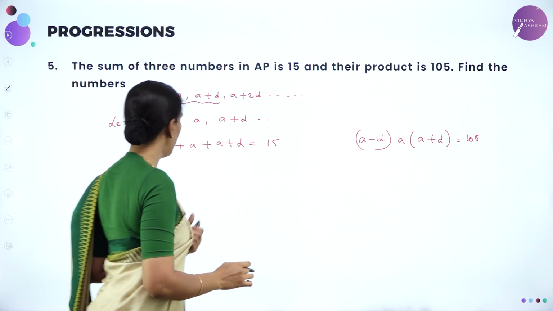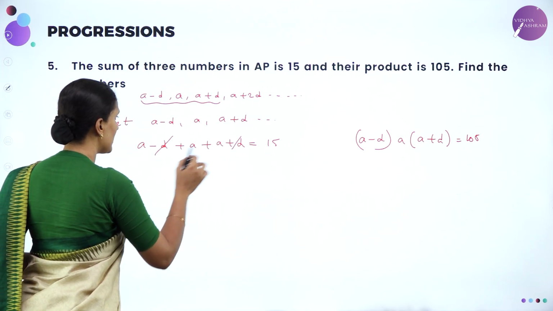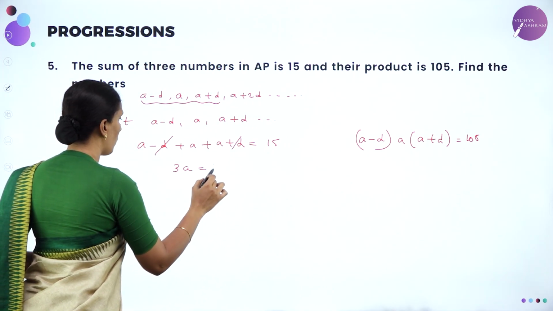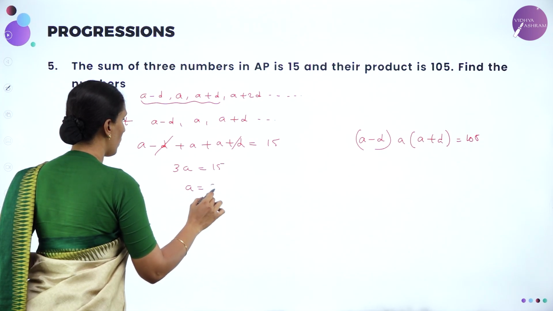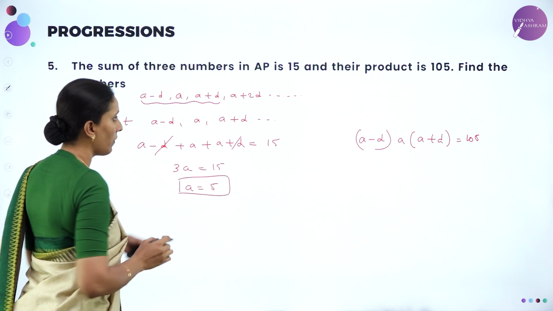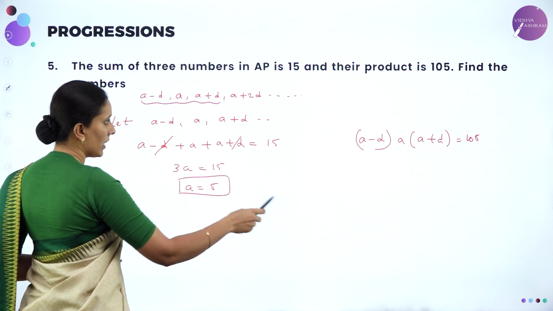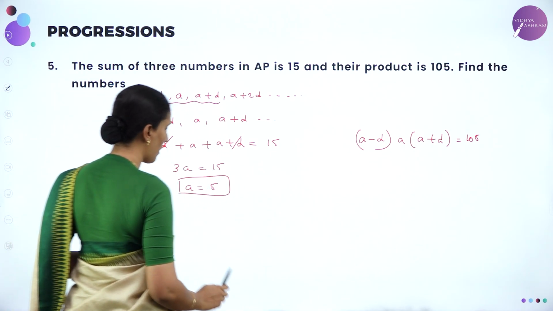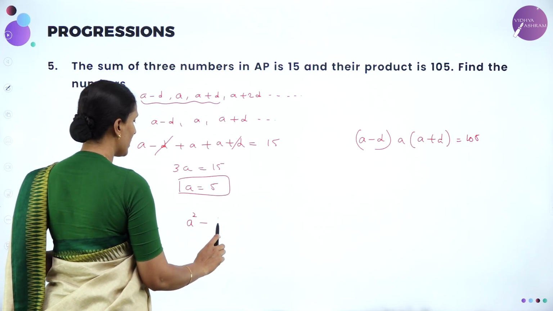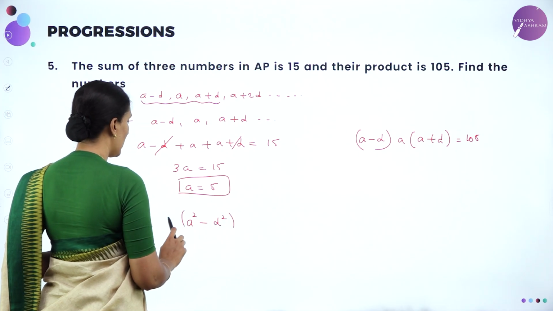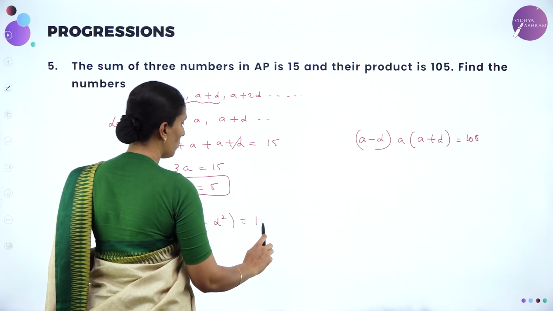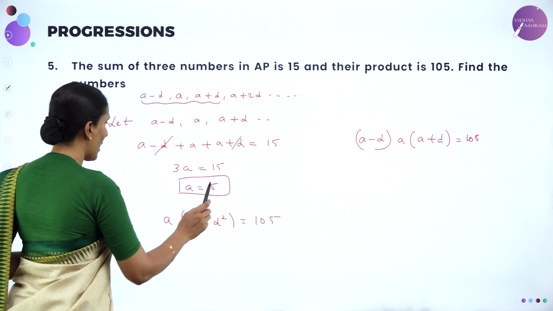So let us solve them. We can cancel minus d and plus d here. We'll get 3a is equal to 15. So a is equal to 5. Now using that equation here, (a minus d)(a plus d) can be written as a square minus d square, and here we have a, which is equal to 105. Now a value is 5.